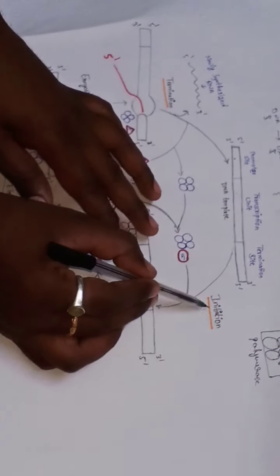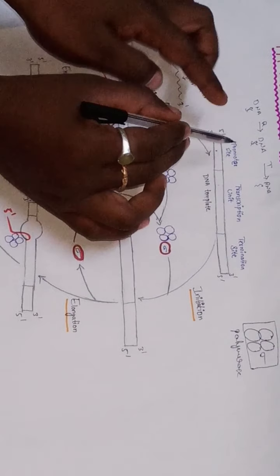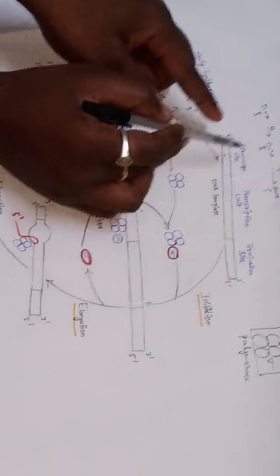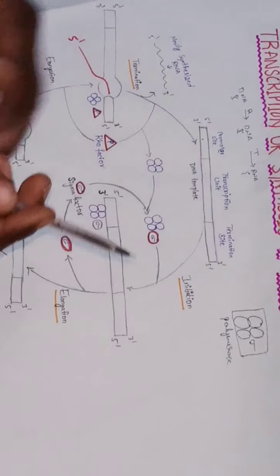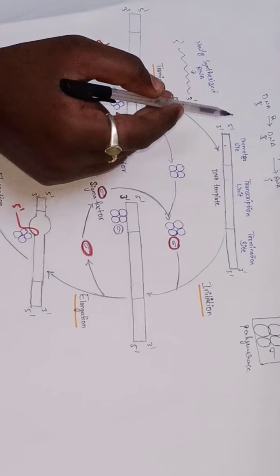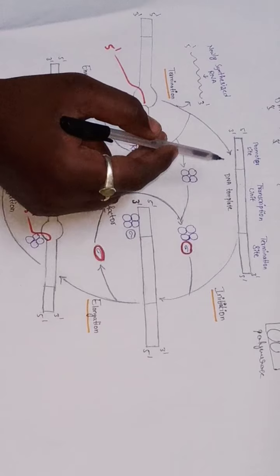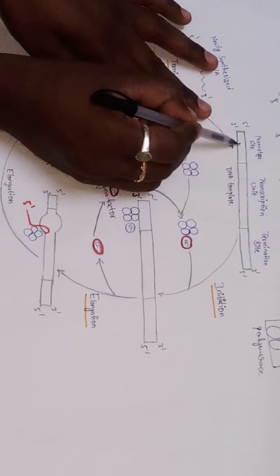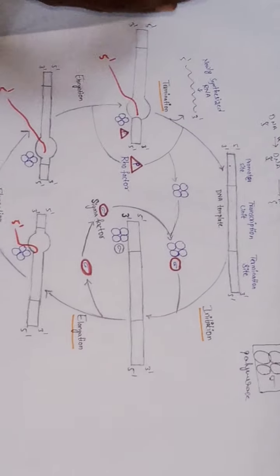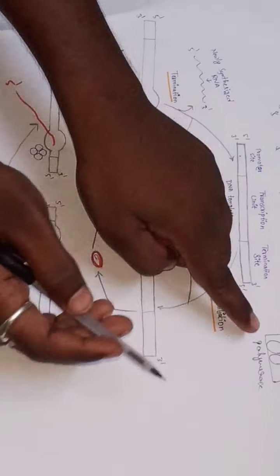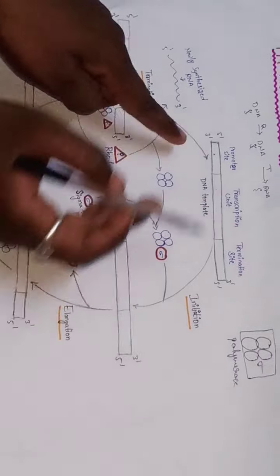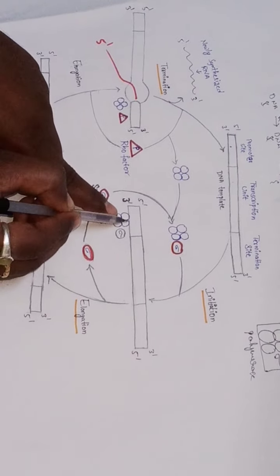In the initiation process, the promoter site starts the RNA synthesis. The RNA polymerase is present at the promoter site. This is the promoter site.